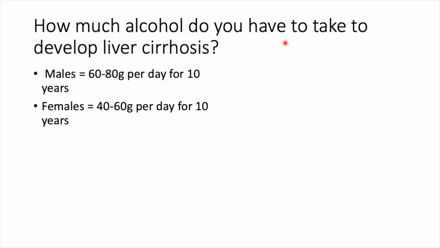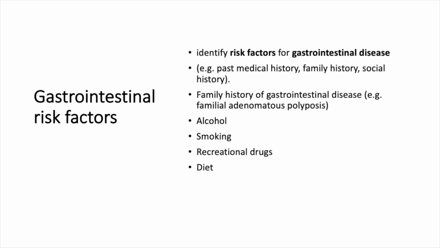It varies between males and females. In males, 60 to 80 grams per day for 10 years. This is approximate. It may change from person to person. In females, 40 to 60 grams per day for 10 years is sufficient. So when you take the alcohol history, you should try to identify whether the dose taken is sufficient to produce cirrhosis. Think about gastrointestinal risk factors.